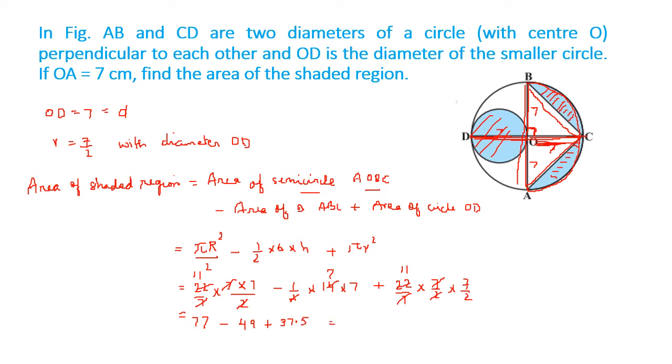So we have 77 minus 49. How much is that? 28, plus 37.5 equals 65.5 centimeters square. So the area of the shaded region will be 65.5 centimeter square.